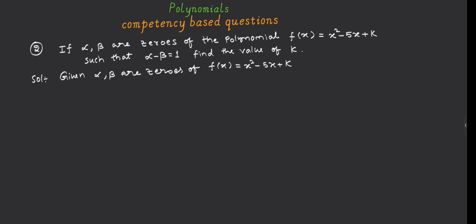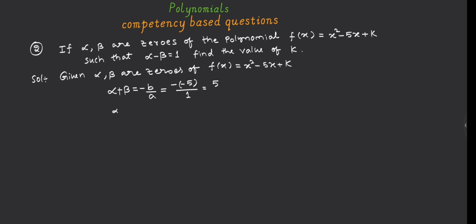Then we can find the sum of zeros and product of zeros again. So here alpha plus beta is equal to minus b by a. b is minus 5 here, so minus of minus 5 by a, which is 1, so that is 5. Alpha plus beta is 5.